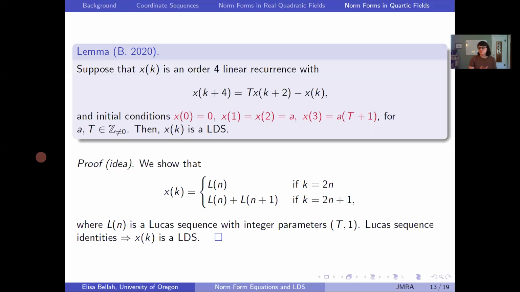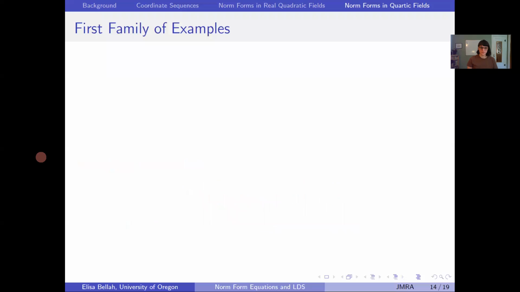And then you can use various Lucas sequence identities to show that this satisfies the divisibility properties that you want. Okay, so we found an example with recurrence and some initial conditions that work out. So this lemma is going to lead to my 2 families of examples.